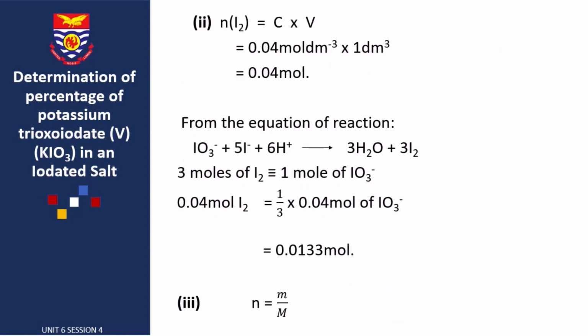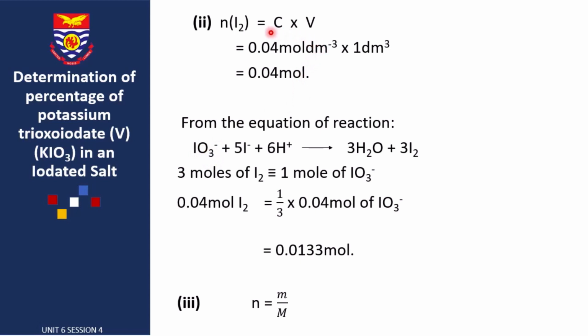Okay, so we need to find the moles of the iodate ion. But to do that, since there is a relation between the iodate ion and the iodine, we can go to the iodine, convert its concentration into moles, so that we'll use that relation to find the moles of the iodate ion.